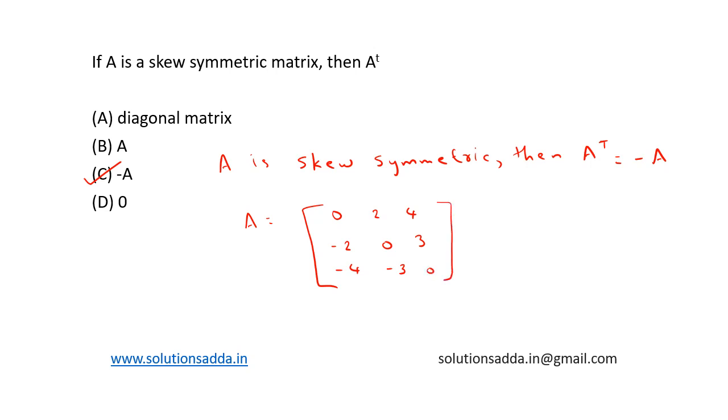And A transpose is equal to 0, minus 2, minus 4, 2, 0, minus 3, 4, 3, 0. This matrix A is said to be skew symmetric because this A transpose is exactly equal to minus A. So option C is the correct answer.